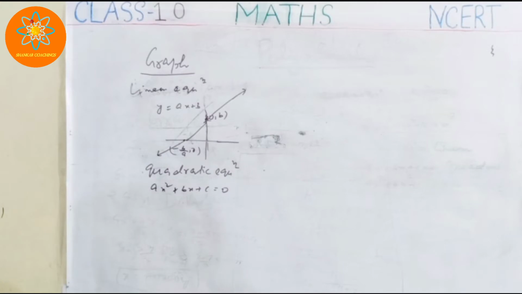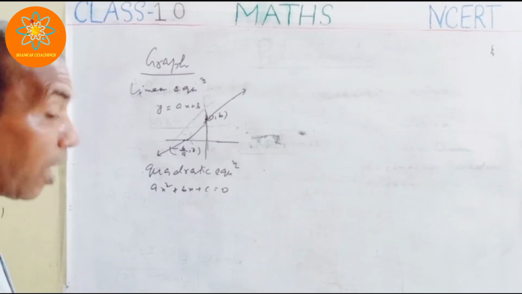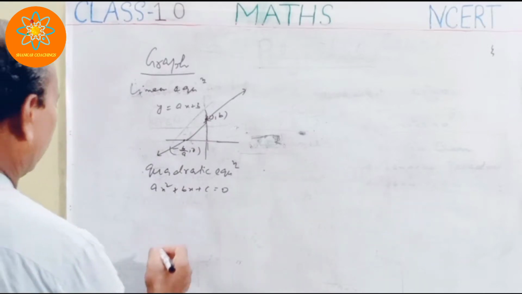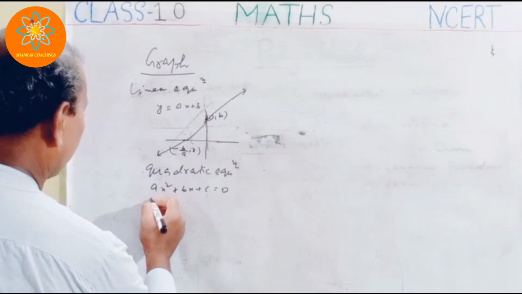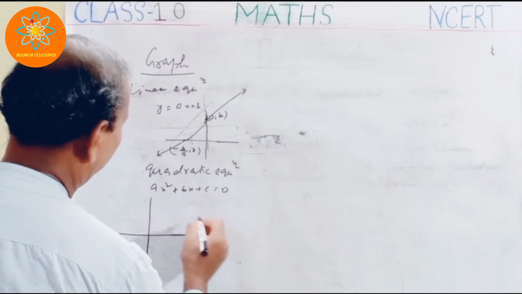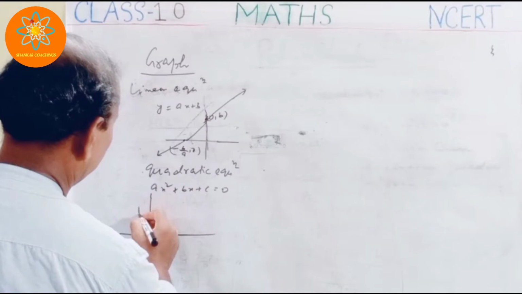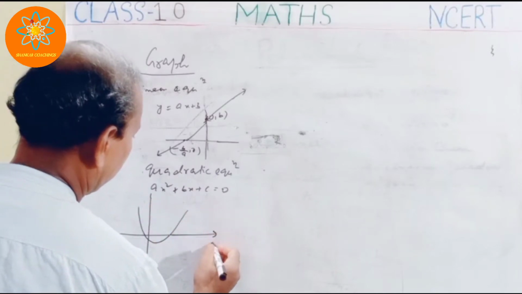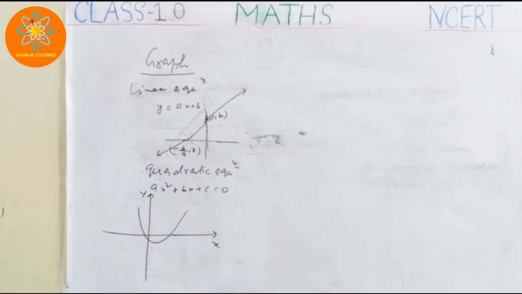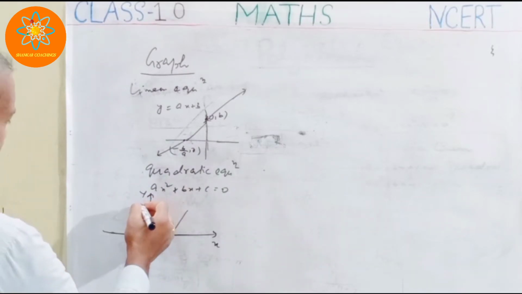Mind it, this graph of ax square plus bx plus c is a graph of a parabola. Parabola means it is something like this. For the parabola case, either the parabola will be like this, it will be like this. This is your x-axis and this is your y-axis. So this graph is a parabola.